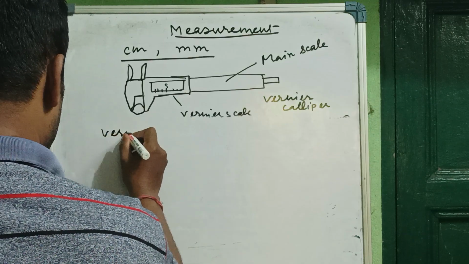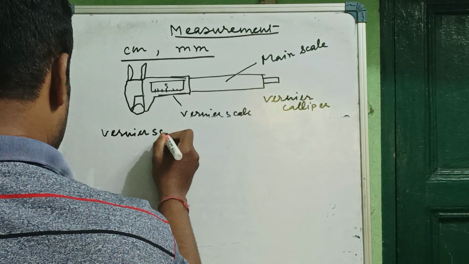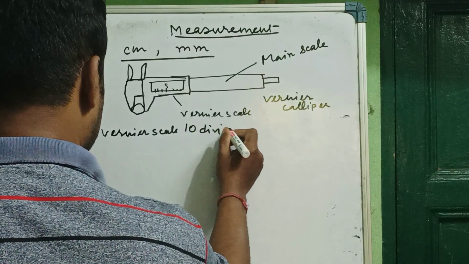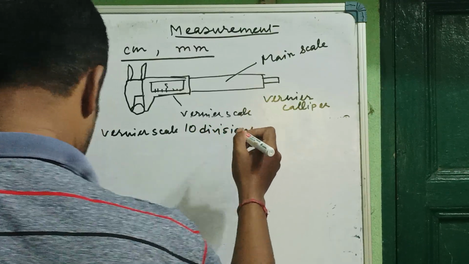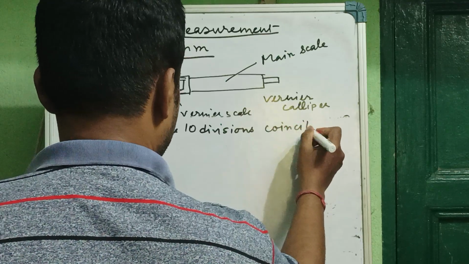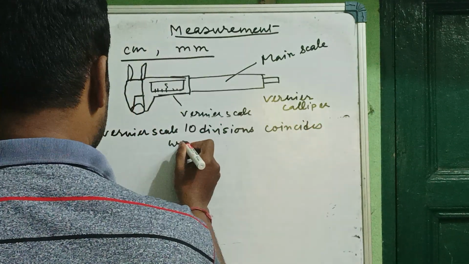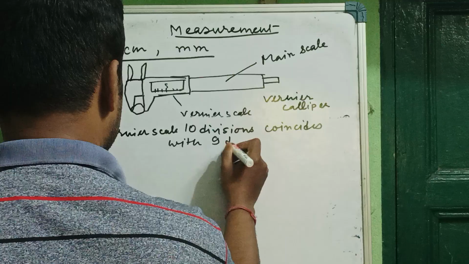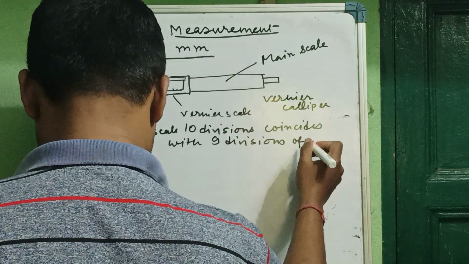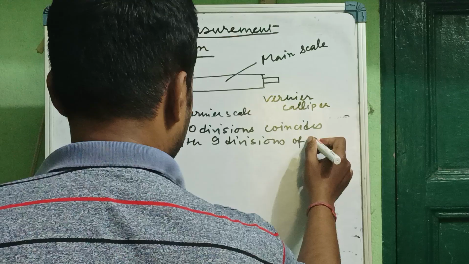The Vernier scale 10 divisions coincide with 9 divisions of the main scale.